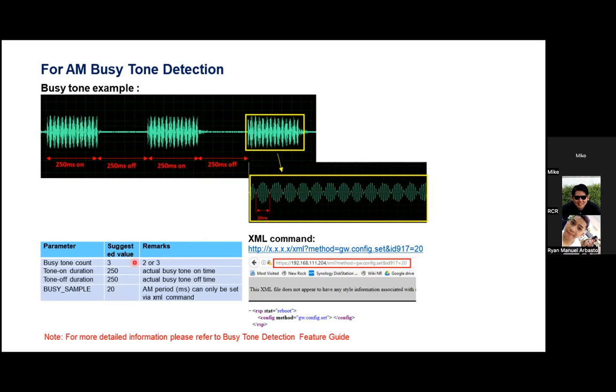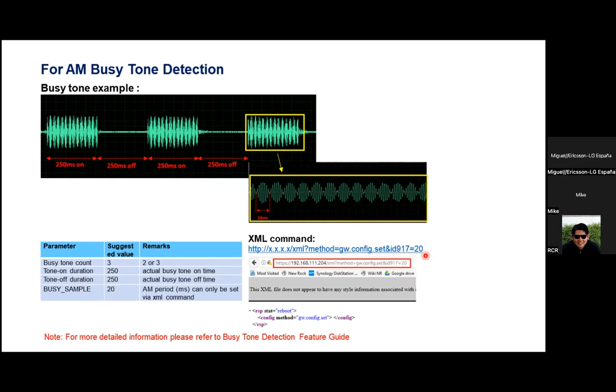That is a parameter that we can set via XML using this XML command. In the URL, you can input your device IP address. Then we have this XML command. This is the ID number for the BC sample: BC sample ID is 917.